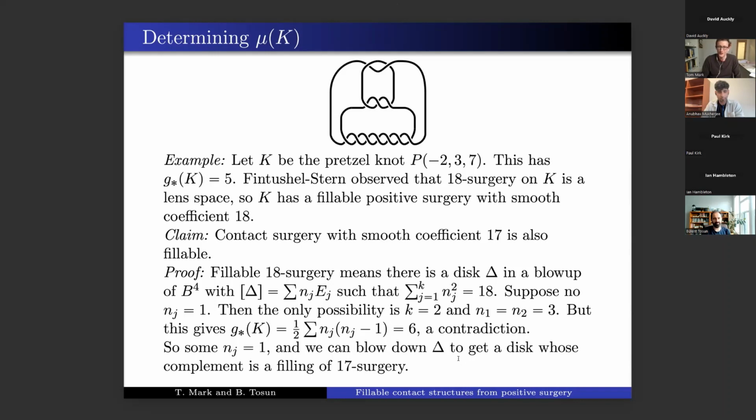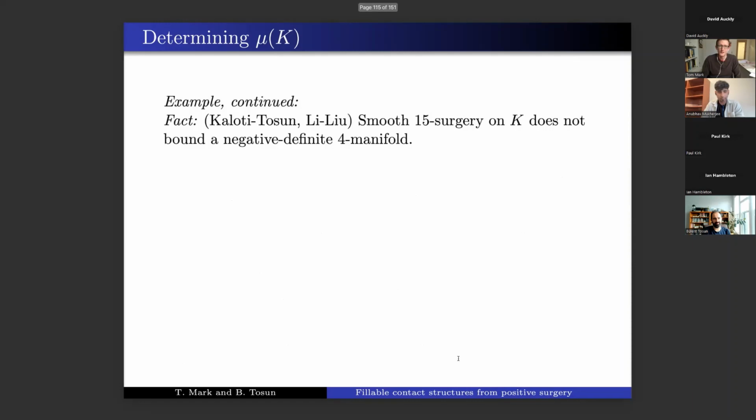All right, well, so how far can you go? Well, there's a fact that one can pull out of a hat, I suppose. It's independently proved, I believe, by Aceto, Golla, Larson, and Lecuona and by Liam Yu, which is that if you do 15 surgery on that particular pretzel knot, then the resulting 3-manifold is not the boundary of something negative definite.